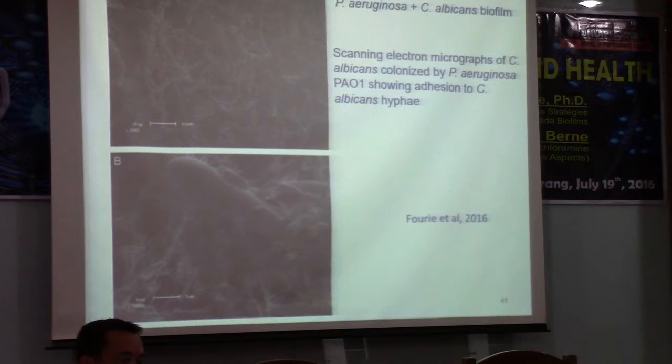It's a little dark, but this is a hypha of Candida, and you have some bacterial cells, and you can see that they colonize the hypha, and then they will kill this hypha and use it as nutriments and as a surface to produce the biofilm.